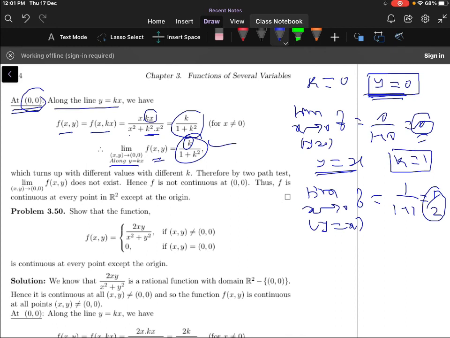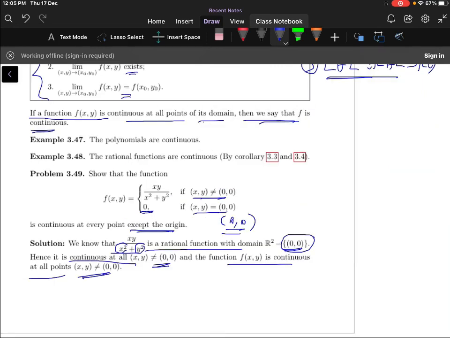Therefore by the two-path test, the limit of f of x comma y as x comma y approaches 0 comma 0 does not exist, because there are two different limits for two different paths. Hence f is not continuous at the point 0 comma 0. Thus f is continuous everywhere in R2 except at the origin.